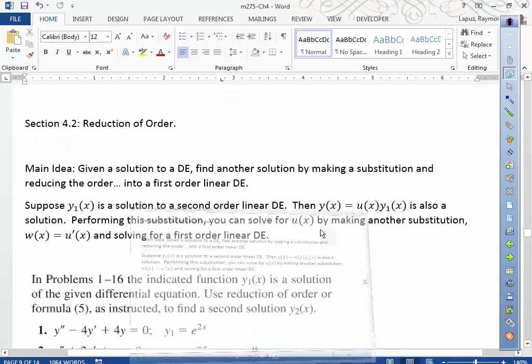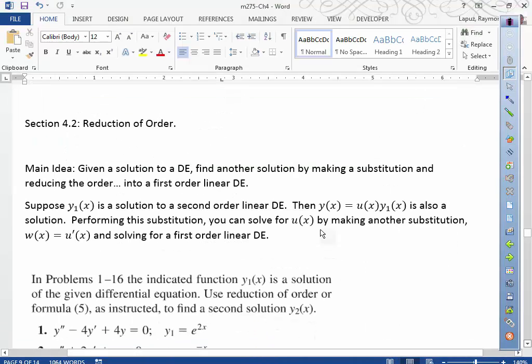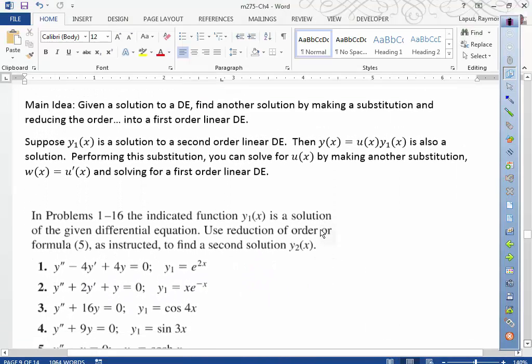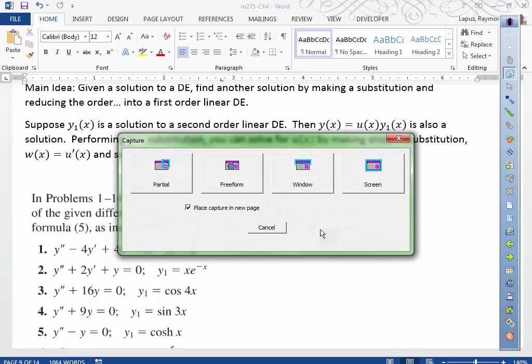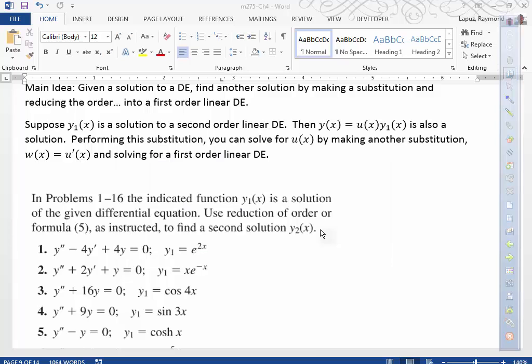I think there were some examples in the book, in the section. Let's see if we can do one of these problems. Let's pick two.